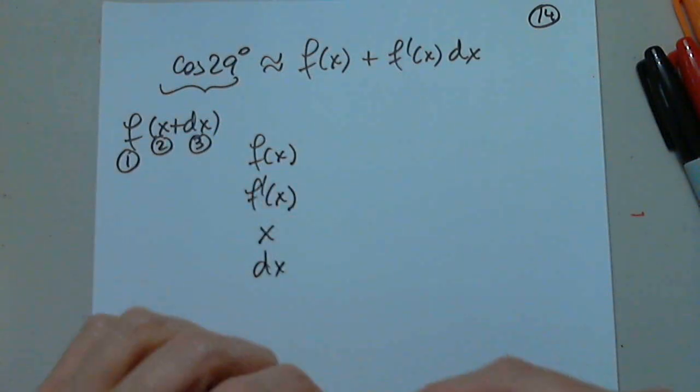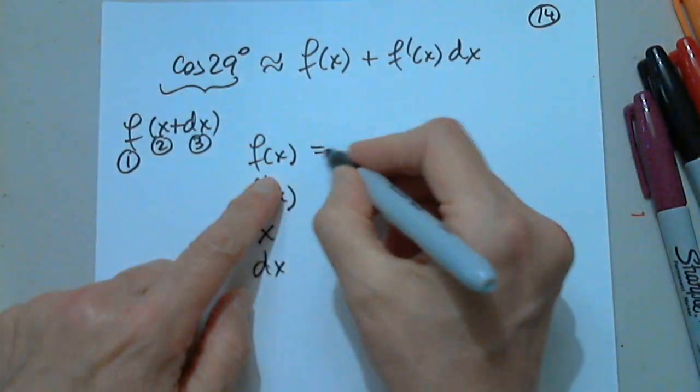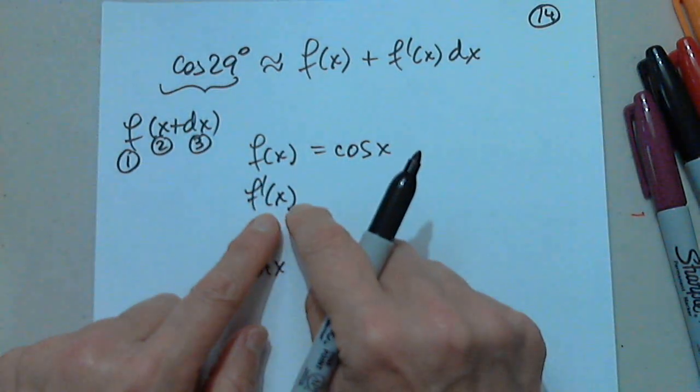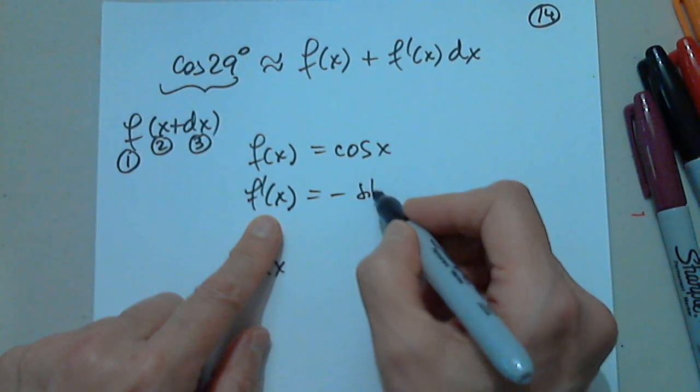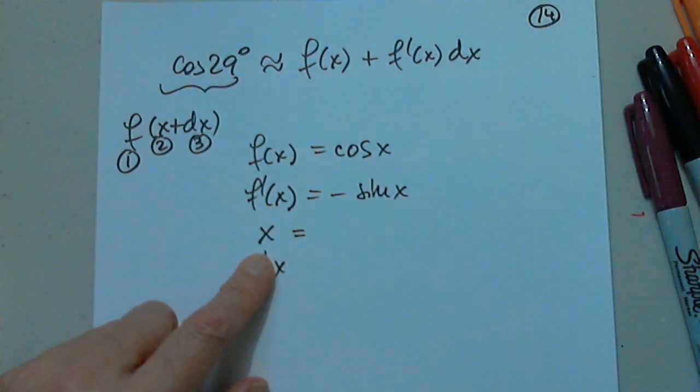Anyone? Is f of x cosine? Of course, there is nothing else. I don't see any other function. Perfect. So then f prime, you're going to say negative sine x. Perfect. Now I need to identify x.